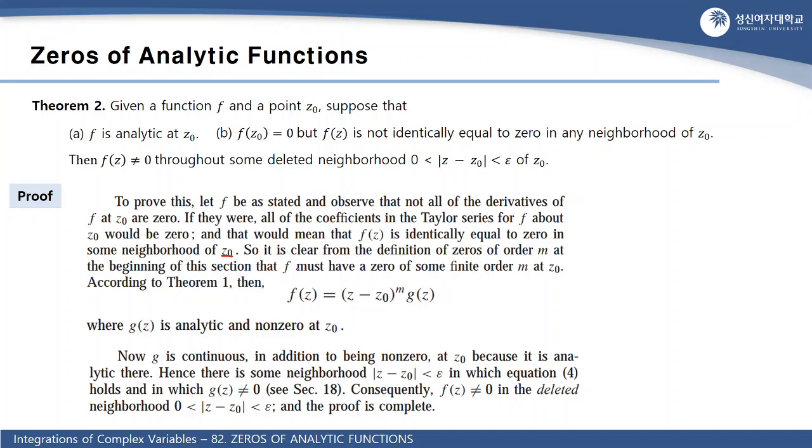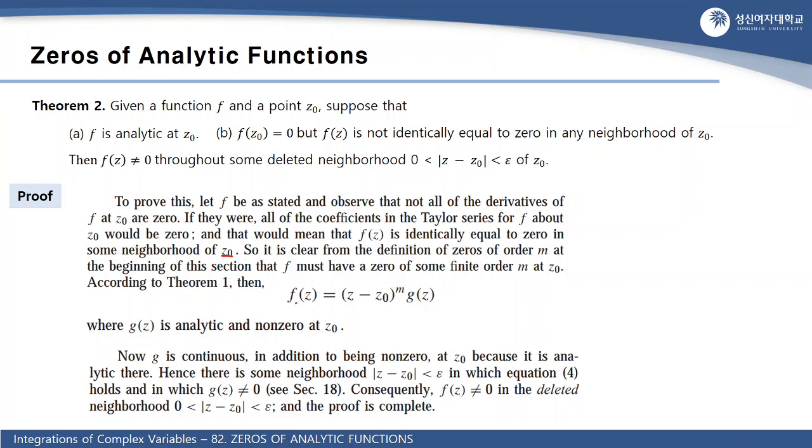So it is clear from the definition of zeros of order m at the beginning of this section that f must have a zero of some finite order m at z₀, according to theorem 1. Just we check it.